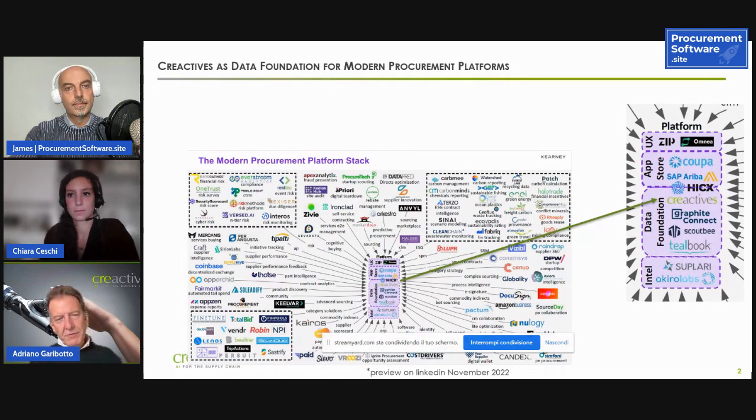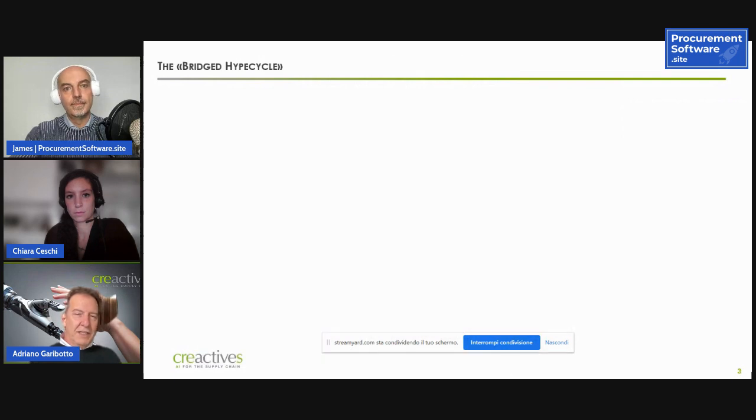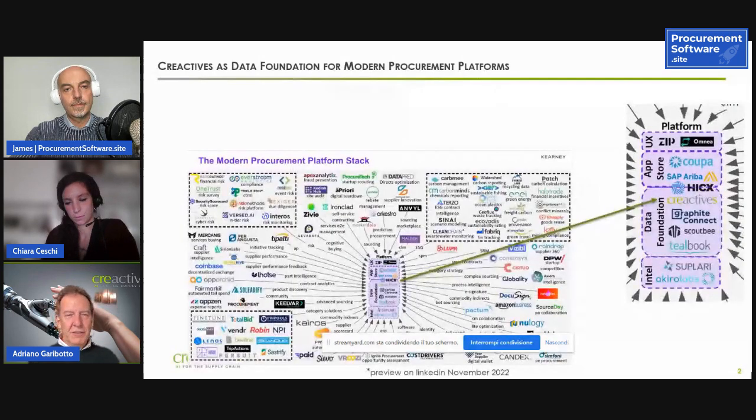If we jump to this very famous diagram invented many, many years ago by Gartner, every installation of a new system will go through a path that all of you who are procurement professionals will know.